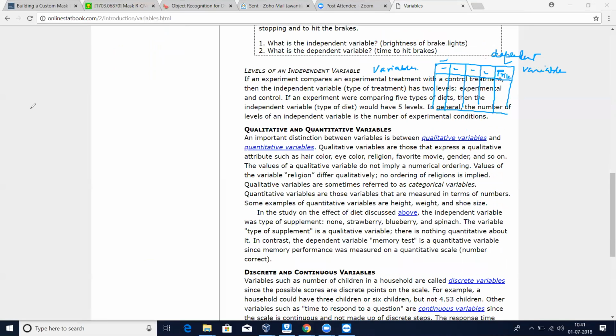Now there are more types of variables. One is qualitative variable and the other is quantitative variable. Qualitative variable means the values are represented by qualitative attributes like hair color, eye color, religion, favorite movie, gender, etc. Mostly this will be categorical data.